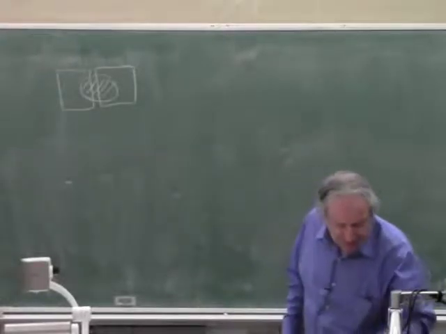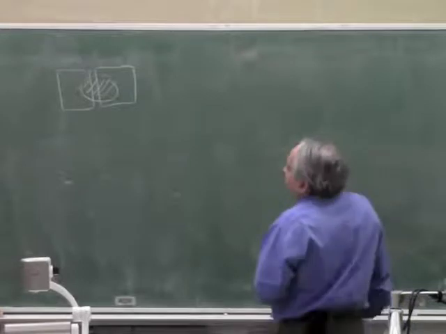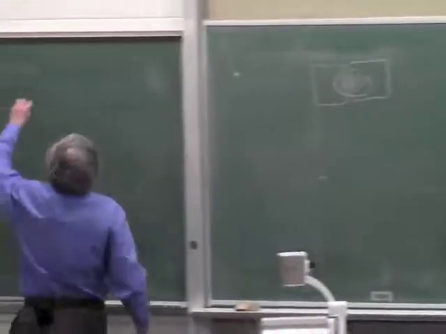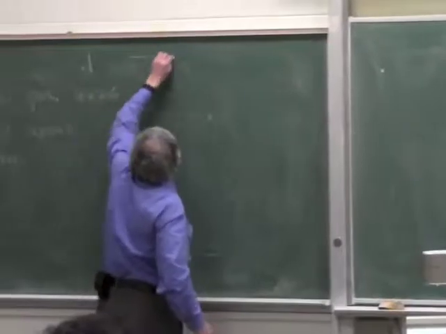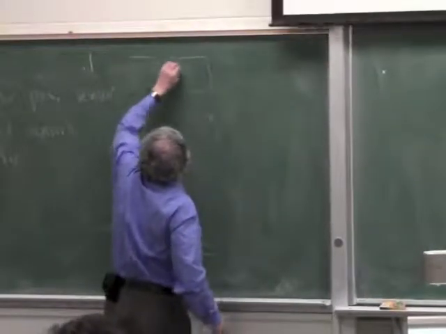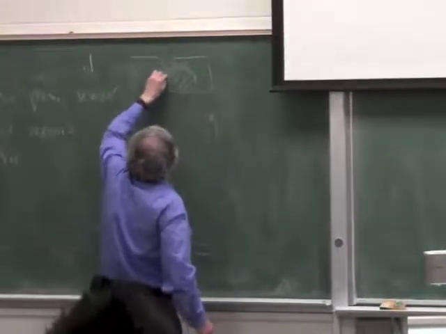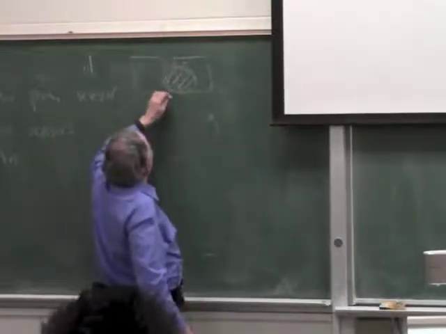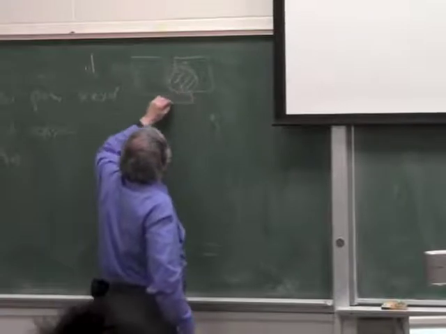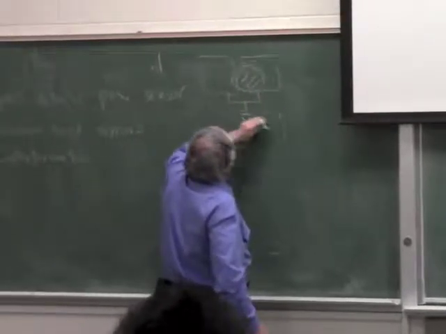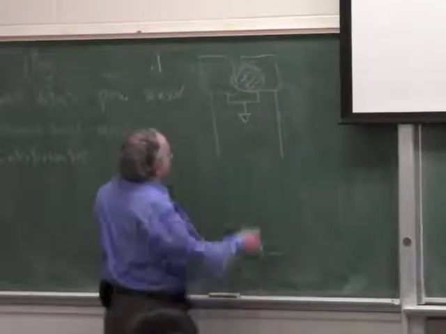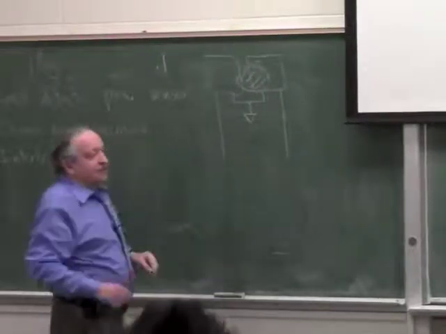So these are two solar cells with a spot of light hitting them. Imagine one side of each solar cell is grounded, and the other side comes out with a differential signal.